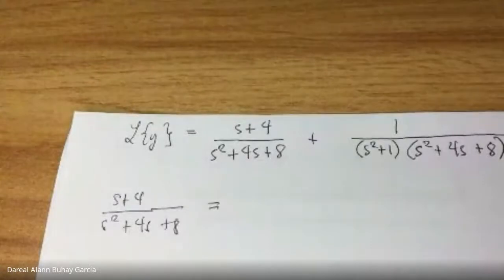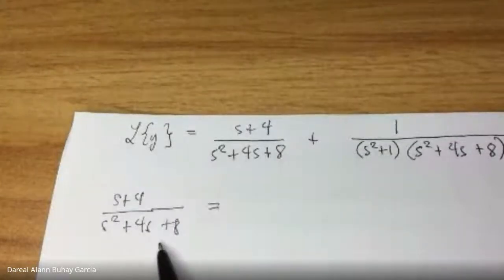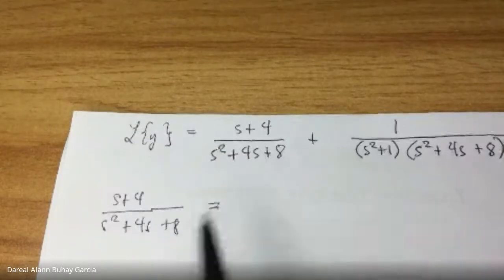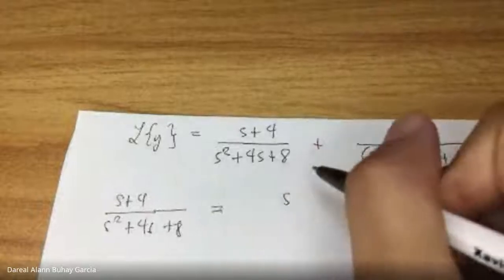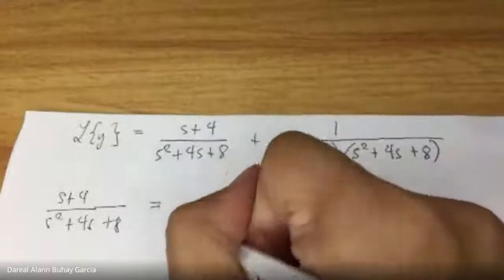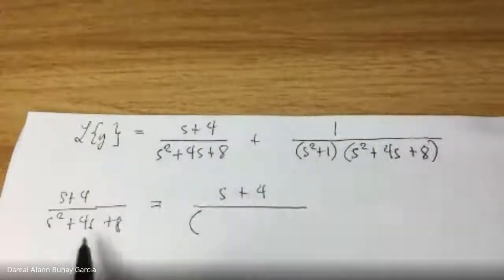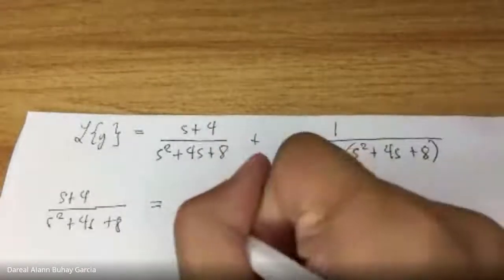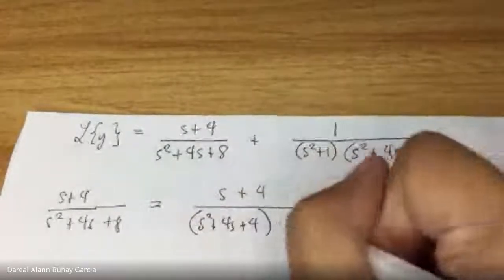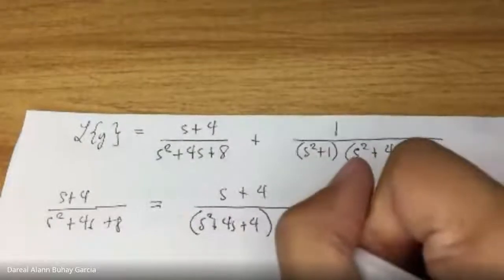Completing the square. I think it is easy to complete the square. 4 over 2 is 2, squared is 4. So the denominator is s squared plus 4s plus 4, plus 8 minus 4.